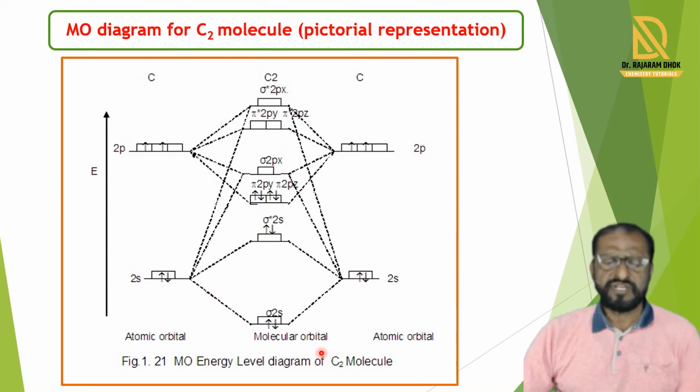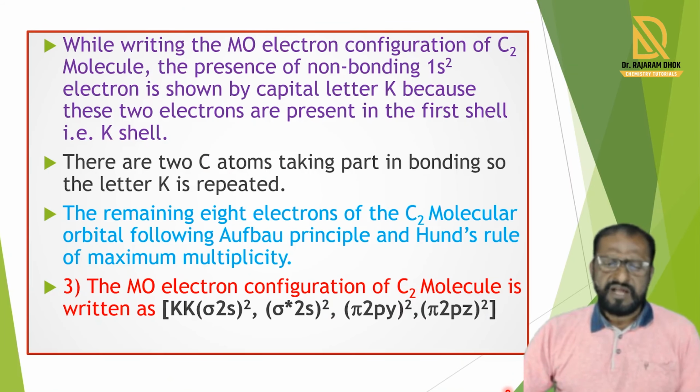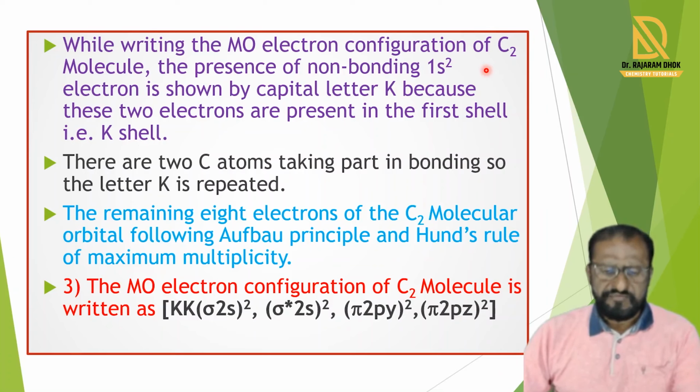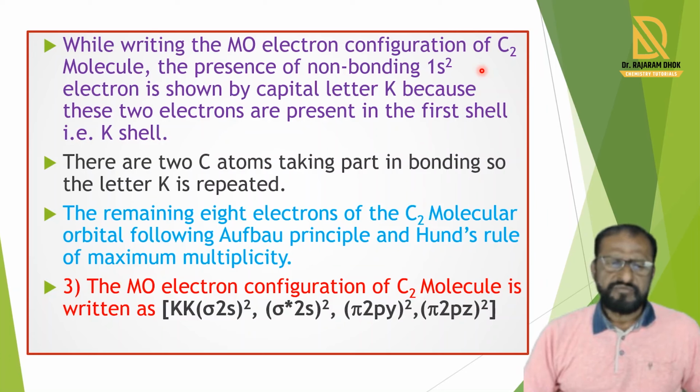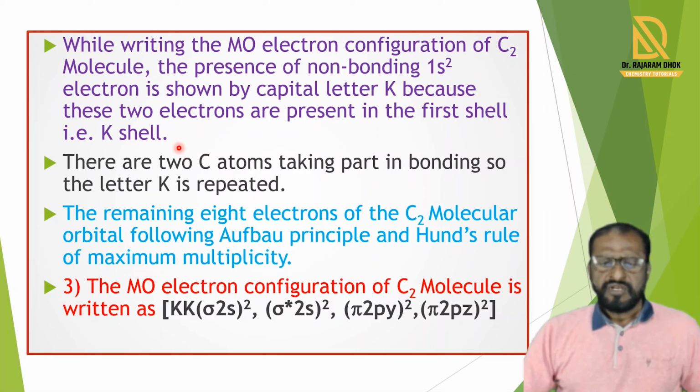From this diagram, we write the electronic configuration of this C2 molecule. When writing the molecular orbital electron configuration of the C2 molecule, the presence of the non-bonding 1s2 electrons is shown by the capital letter K, because these two electrons are present in the first shell, and that first shell is called the K shell.